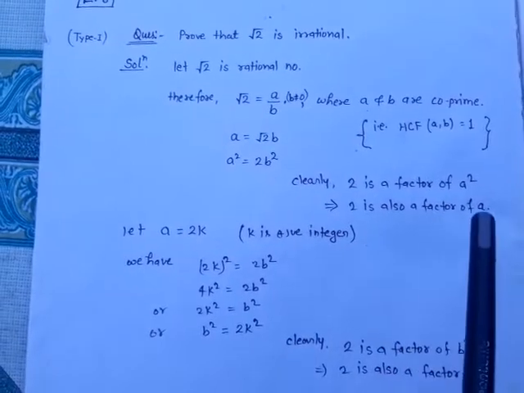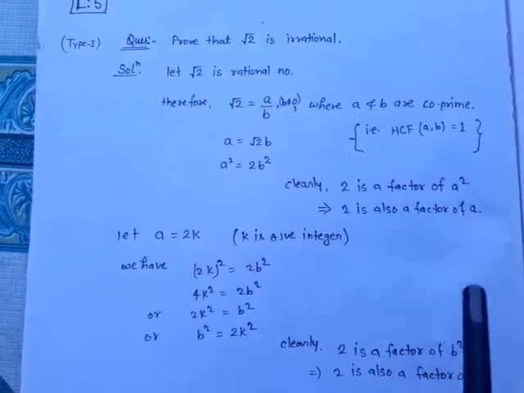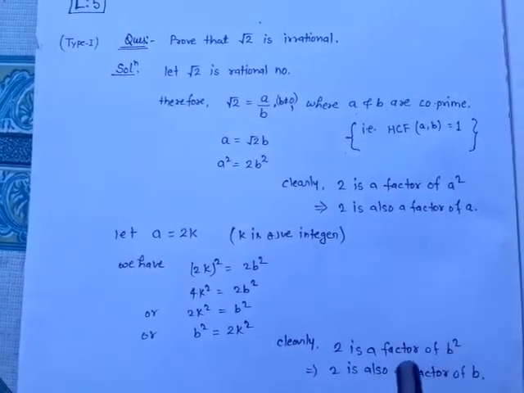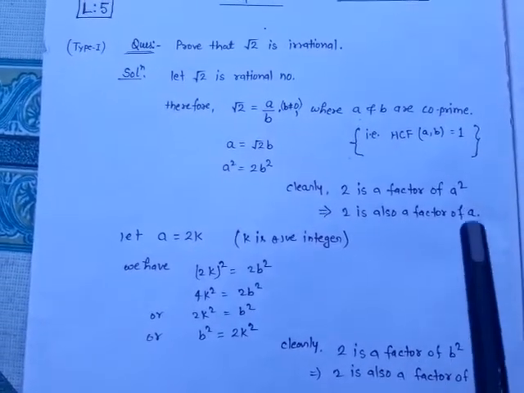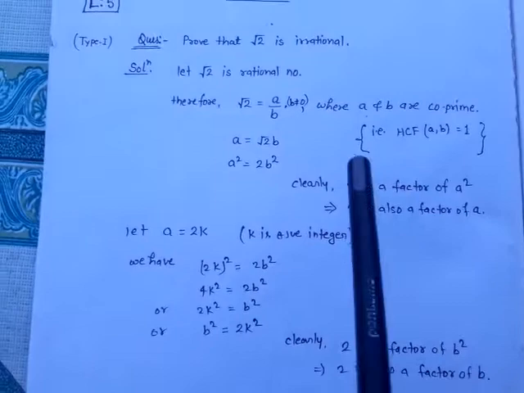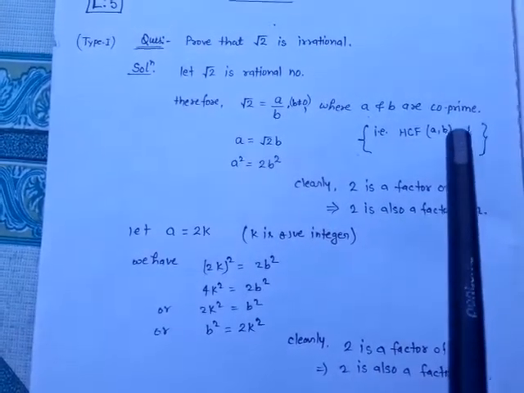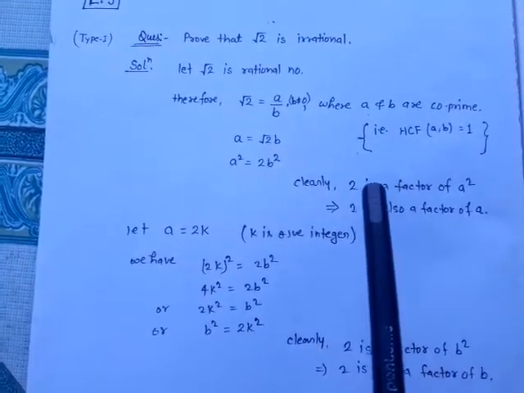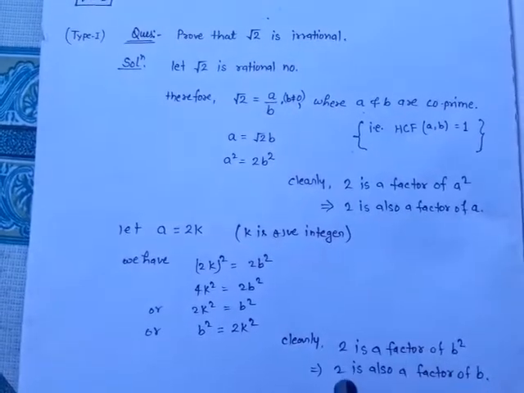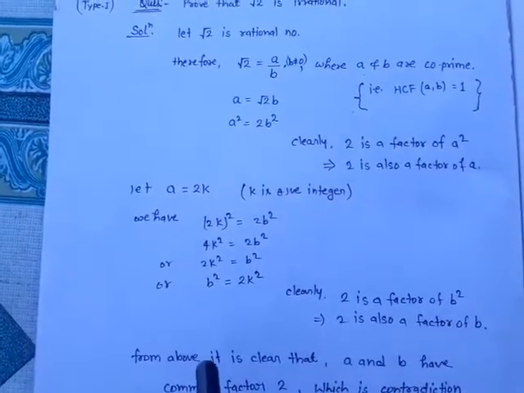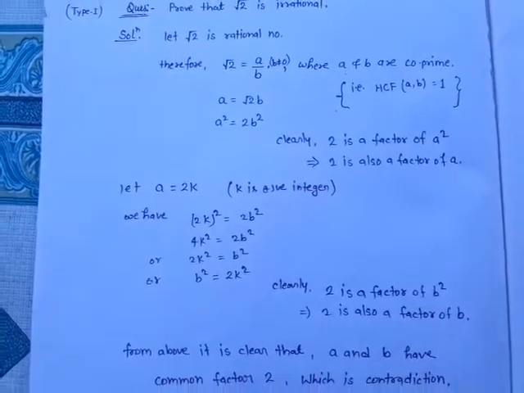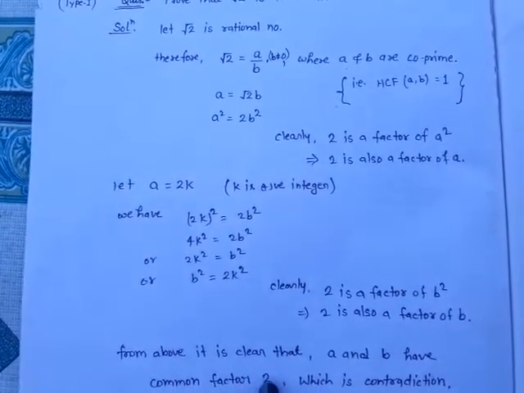Now a and b have a common factor. 2 is a factor of a, and 2 is also a factor of b. That means 2 is a common factor of a and b. But we assumed a and b are co-prime, that is, no common factor other than 1. But we get 2 is also a common factor of a and b, which is wrong.